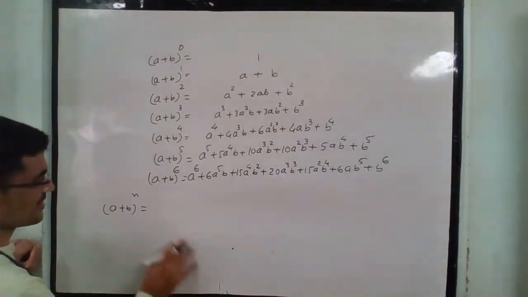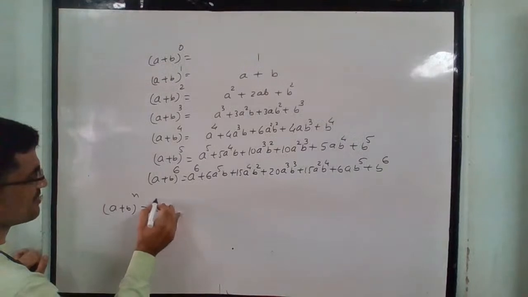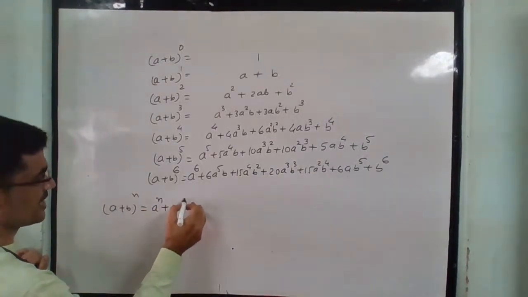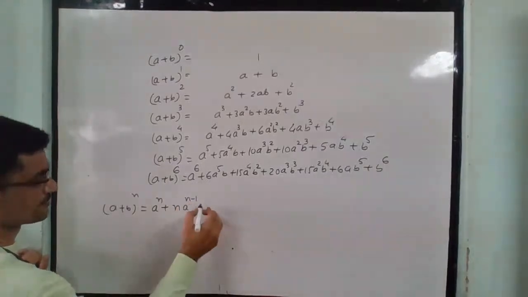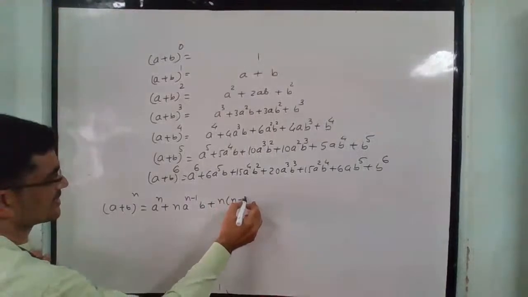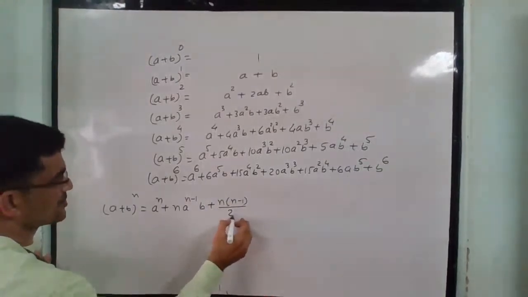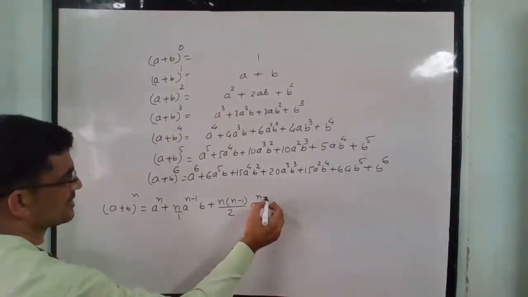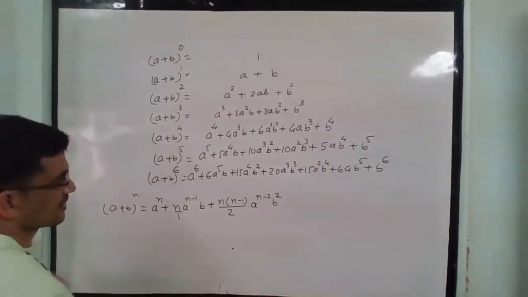So, a to the power n first, plus n times a to the power (n minus 1) times b, plus n(n minus 1) divided by 2 (here it is divided by 1), a to the power (n minus 2) b square.